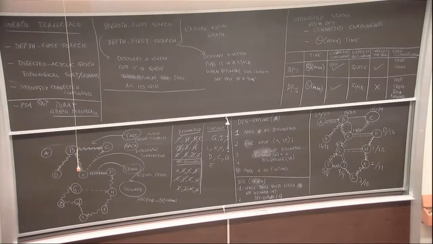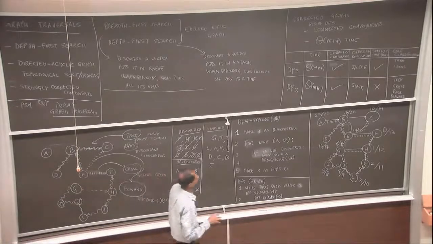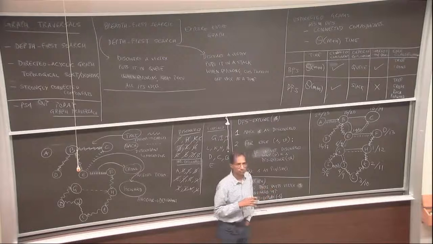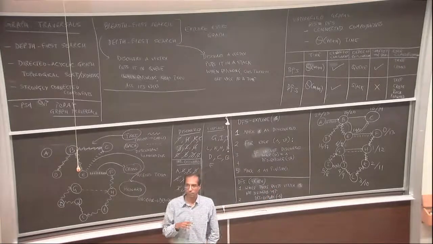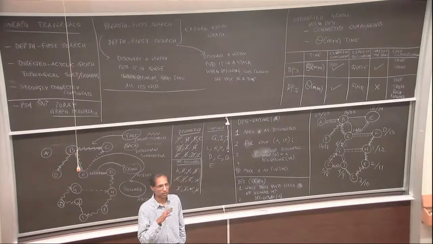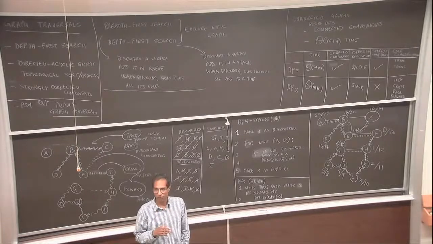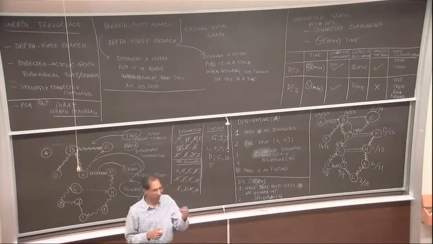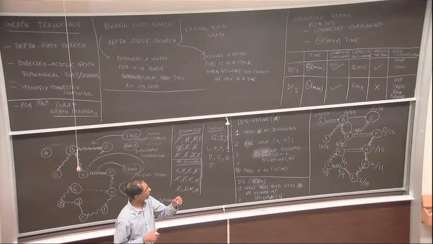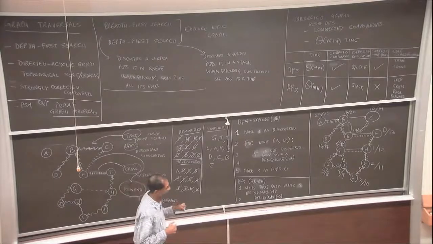Let's suppose I want to find out, in a directed graph, whether this graph has cycles. How can I tell? By doing the DFS and classifying all these edges. Under what situation will I get a cycle? If there is a back edge.